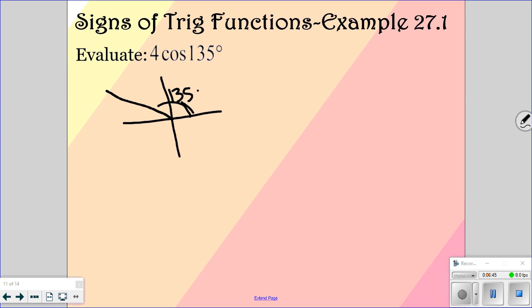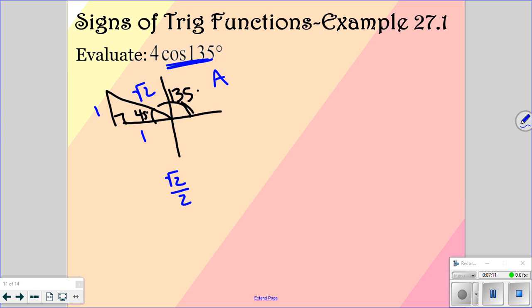And then the related angle that's left is going to be this angle here, which is 45 degrees. And this is a 1, 1, and square root of 2 triangle. And the cosine here is 1 over square root of 2, or just square root of 2 over 2, if you rationalize it. But cosine, is it positive or negative in this quadrant?